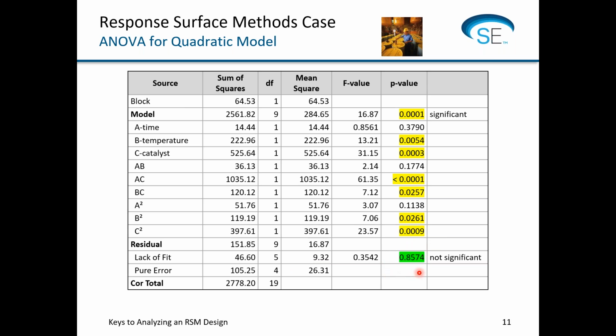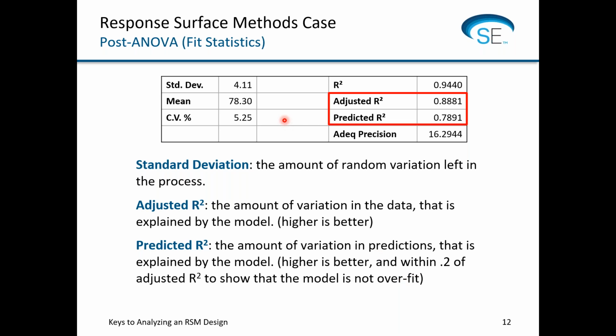Below the ANOVA, we're doing a check for lack of fit one more time, and we can see that it is not significant. So that is good. Over on the right side of the screen, you're going to get a set of additional fit statistics. One of the statistics is the standard deviation.